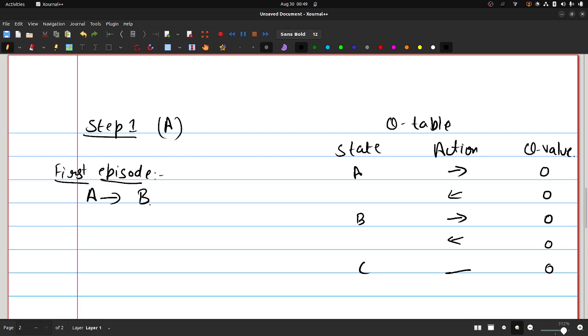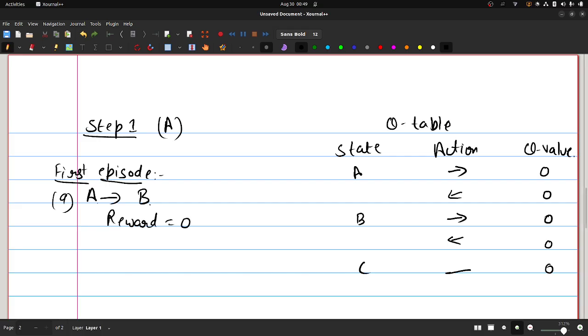In this first episode, the first step is that the agent is at A and now it is going to B. But we have seen that from A to B we will not get any reward, so the reward is equal to 0.